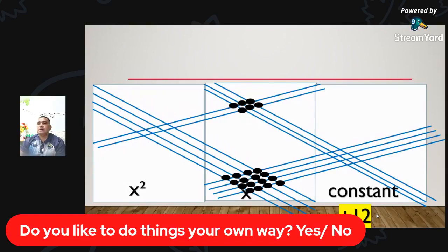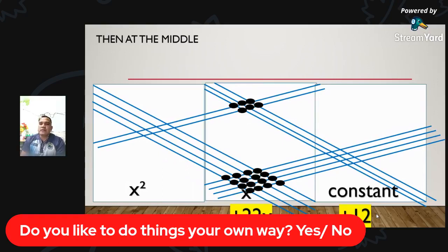Next, we count 1, 2, 3, up to 22. So at the middle, we have positive 22x.